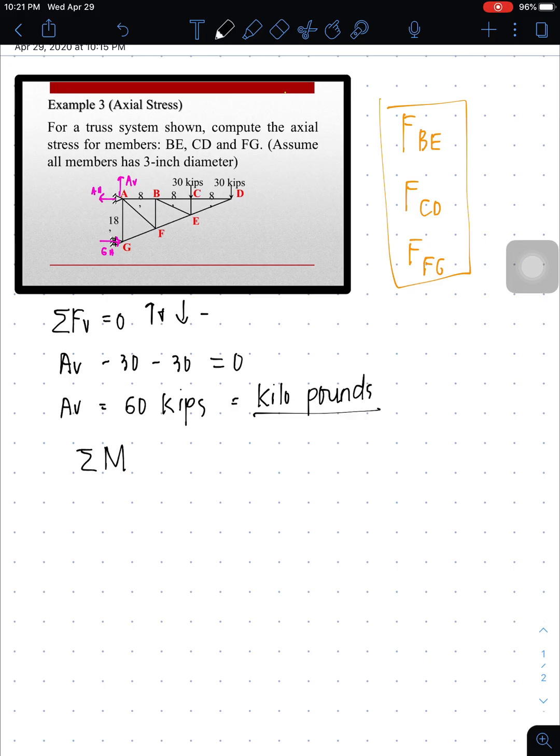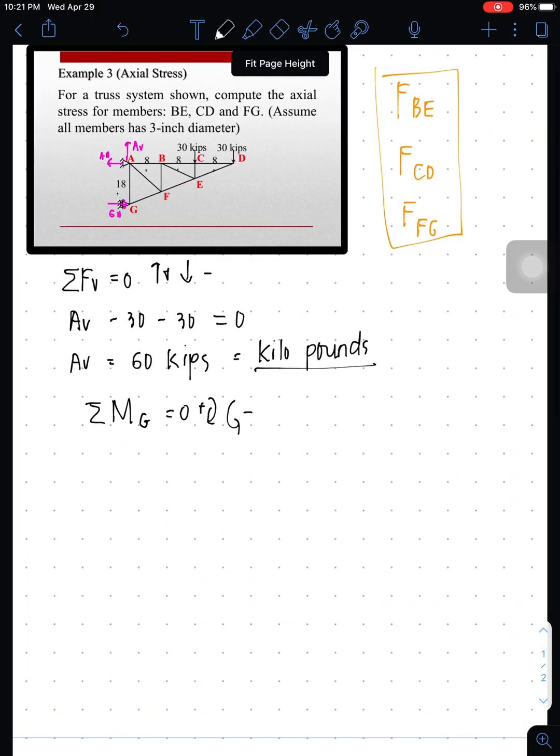So summation of moment either at A or at G. In my case, I'd like to solve for A, so I'll take moments at G equal to 0. Clockwise positive, counterclockwise negative. So what are the forces that will rotate at G? You have AH, so negative AH times 18.